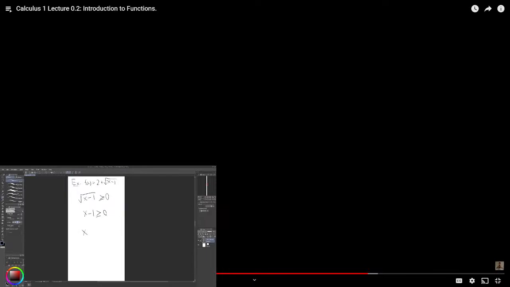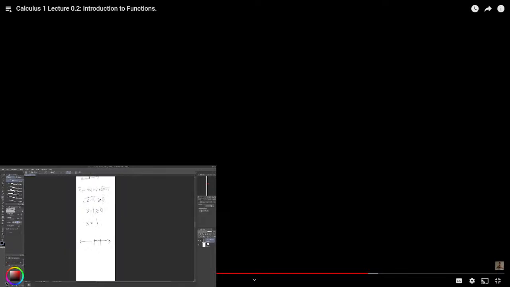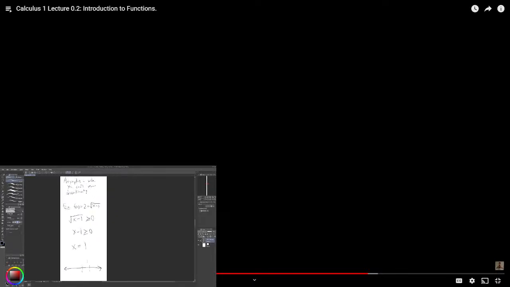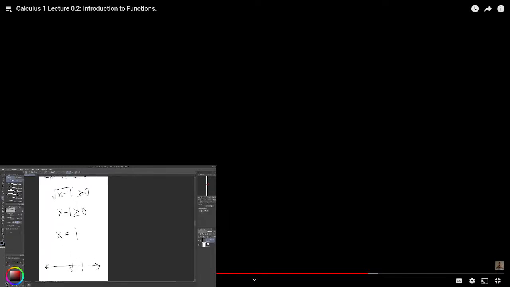So x equals 1. X cannot equal 1. Or wait, no, it can. And then draw that number line thing. I only see like 2 sections here.